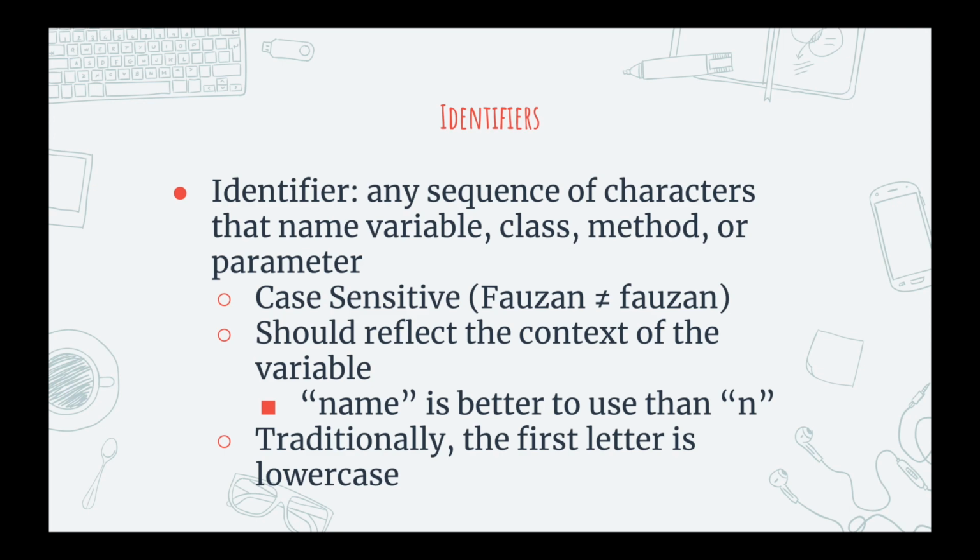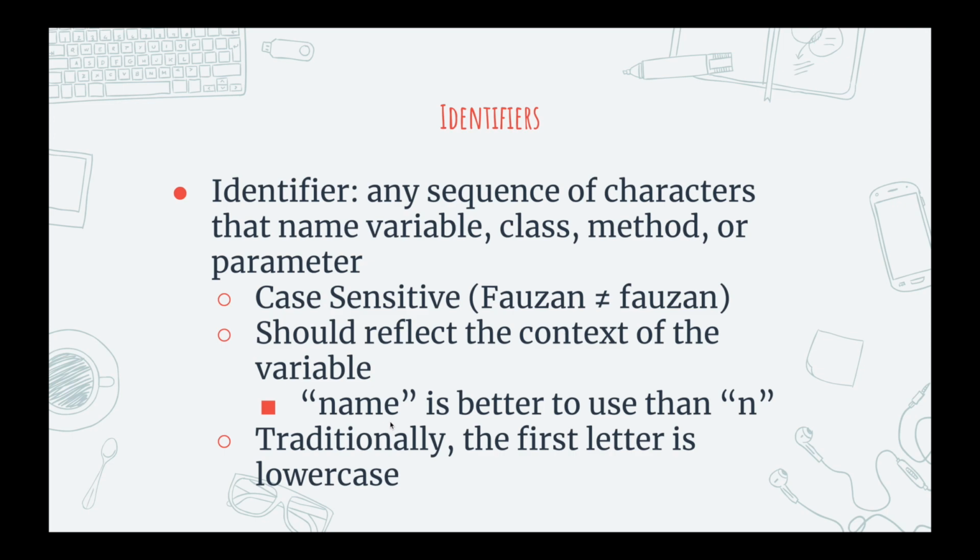You're like, wait, what is this n for? Whereas if I name my variable name, then we know, hey, there's probably a name stored here, or we're going to store a name in the future. So when we're naming our identifiers, or naming our variables rather, it should usually reflect the context of our variable.